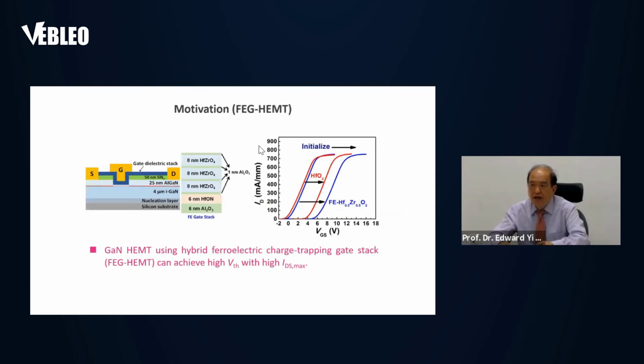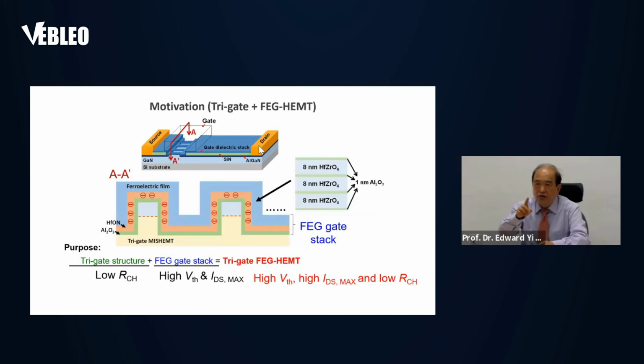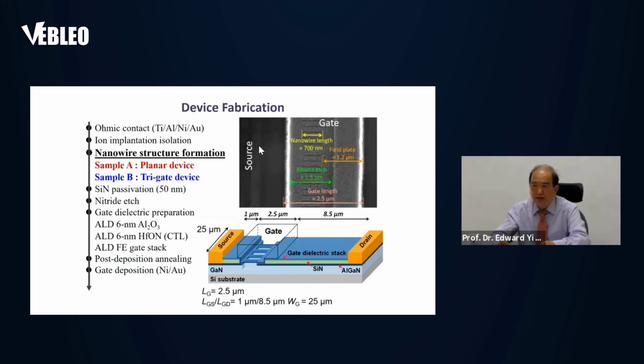Okay, and this gives you high current nitride HEMT using hybrid ferroelectric gate trapping layer along with this tri-gate approach. So this is actually the cross-section of this tri-gate, and we have many fingers, and each finger is composed of hafnium oxide, hafnium nickel oxide, and aluminum oxide layers.